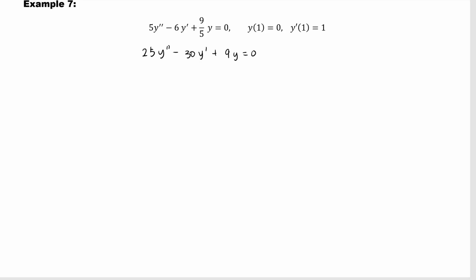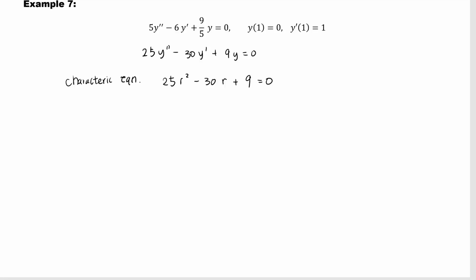So what is the characteristic equation? Whenever you see y prime prime, we replace that by r squared. Whenever you see y prime, we replace that by r. And for the y, you just put a constant 9 there. So that is the characteristic equation.